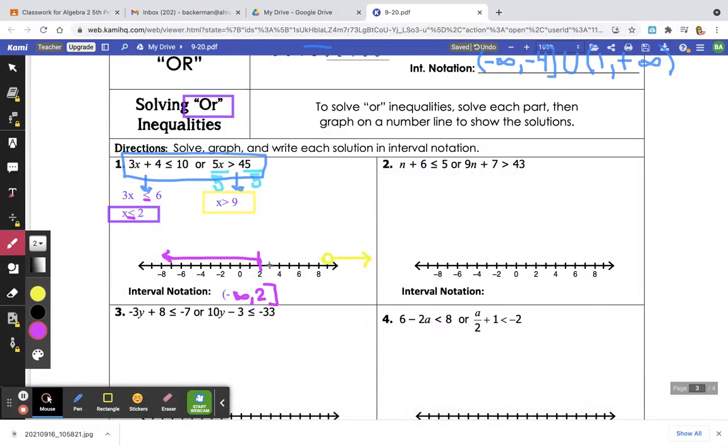And then it's an or situation, so it's going to have that U here for or. We are not including 9, so it is a parenthesis. And then we're going to positive infinity. And remember, infinity is also not included, so it's a parenthesis. And so that's how we would write that.